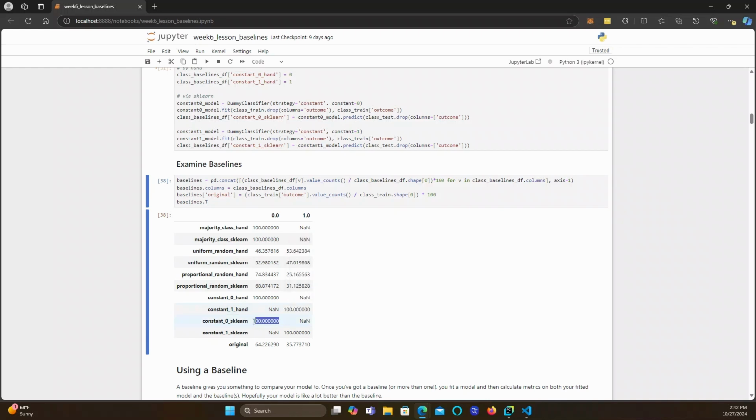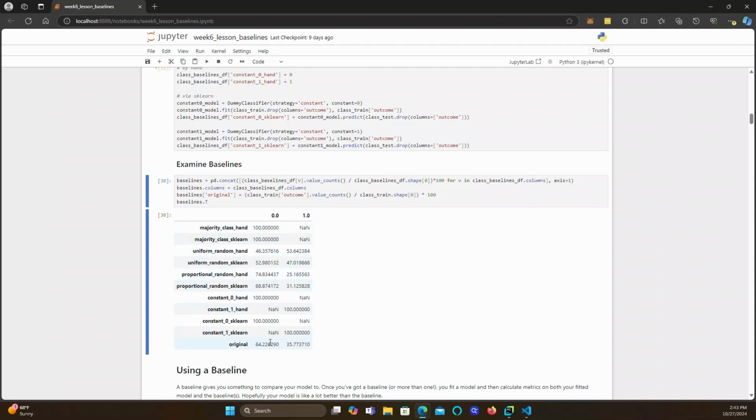Constant 0 baseline with scikit-learn, 100% are zeros. Constant 1 from scikit-learn, 100% were ones. And this is our original proportions. Originally it was 64% zeros and about 36% ones. So right here, the proportional random one from scikit-learn was actually closer to being the same proportionality as the one we did by hand. So there's our baselines.